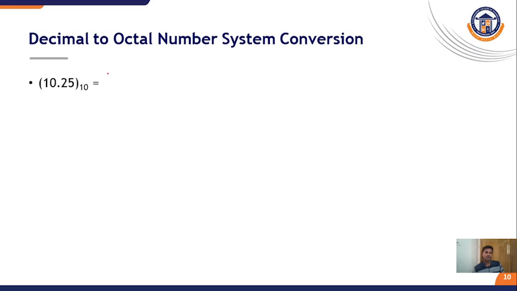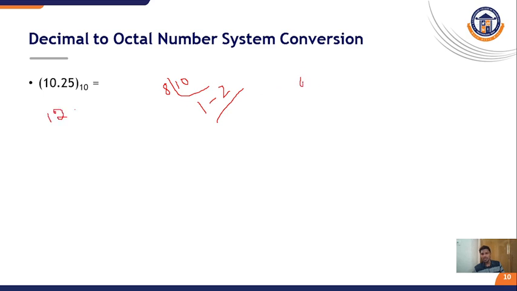Decimal to octal conversion. Here consider the integer part, we have 10. We have to convert to octal, so divide by 8. 1 eight is 8, remainder is 2. So the equivalent octal number is 12.